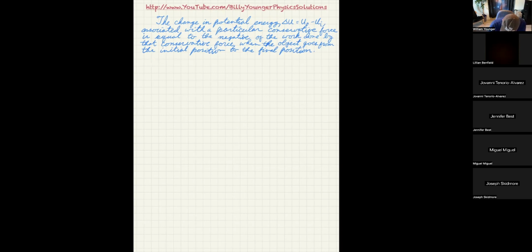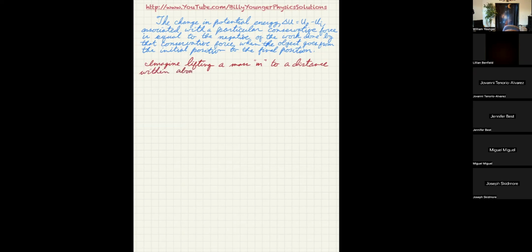Imagine lifting a mass to a distance within about 10% of the Earth's radius.